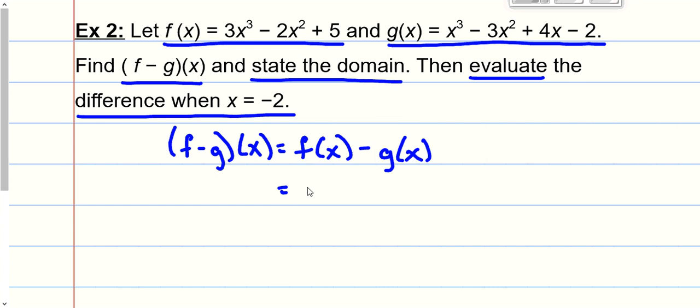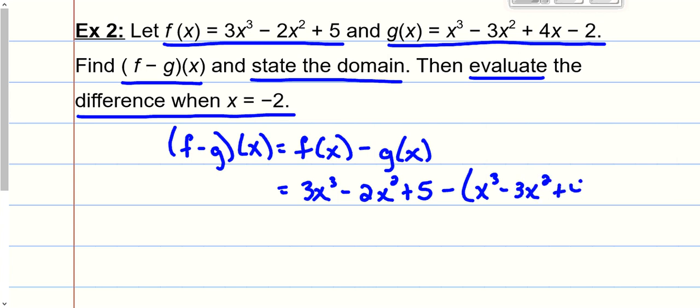So, write down your f of x function, 3x cubed minus 2x squared plus 5 minus, in parentheses, x cubed minus 3x squared plus 4x minus 2, and that's from that g of x function right up here. Now, go ahead and we're going to distribute that negative sign.